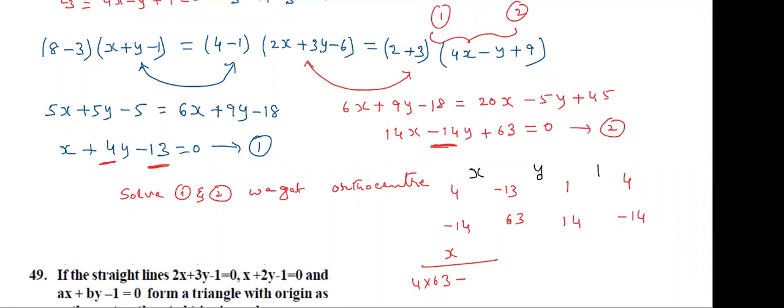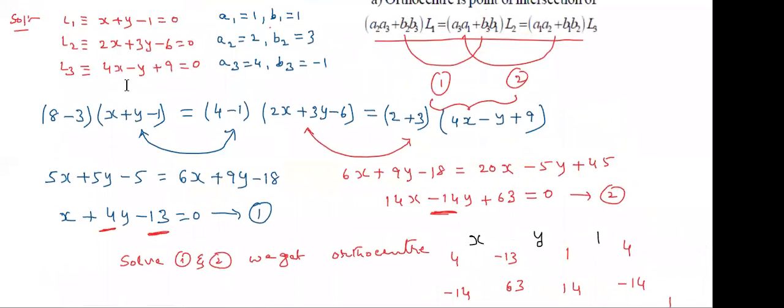So we get 14 into 13, that is equal to y divided by minus 13 into 14 and minus 63, that is equal to 1 divided by minus 14 minus 14 into 4.